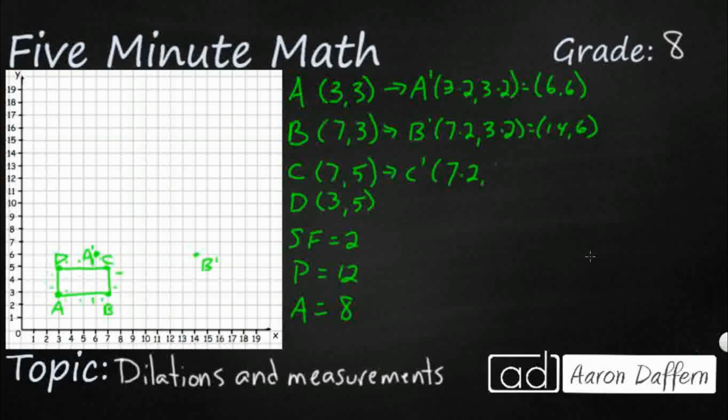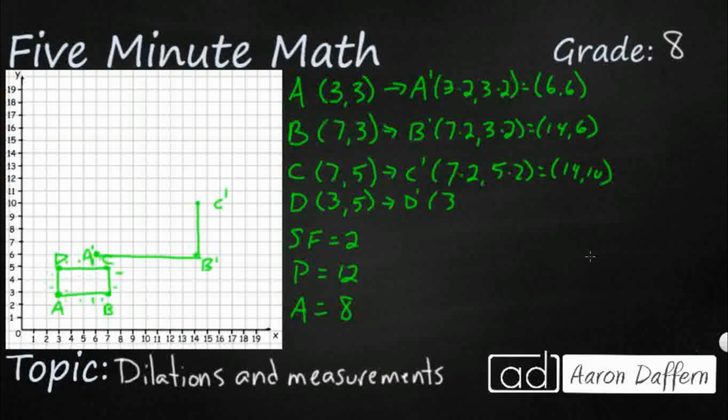So let's take a look, see what our C prime is going to be. So we're going to multiply by the scale factor. It's 14, 10. All right, so 14, it's much bigger up here. So there's my C prime. And I can go ahead and start at least connecting those three. And then let me get my D prime.